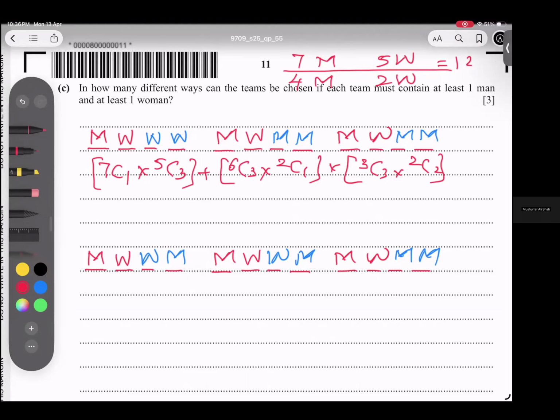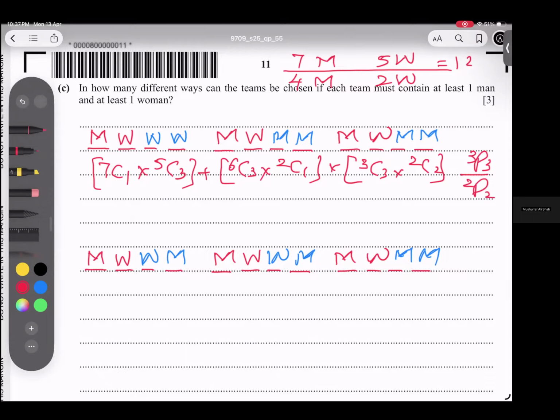How many groups do we have in total? 3 groups. We have to arrange them, 3P3, for that reason, if no number is repeating. So wait a minute, let me check: is any number repeating? Yeah. These two are same, these two are same. Okay, so 2P2 will come down.